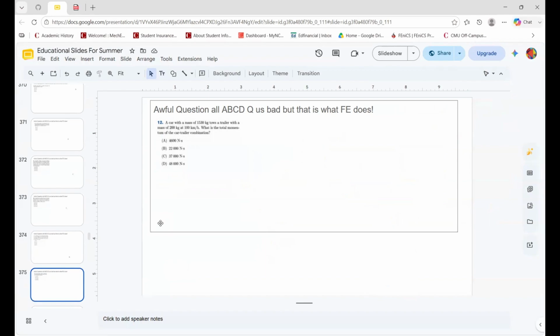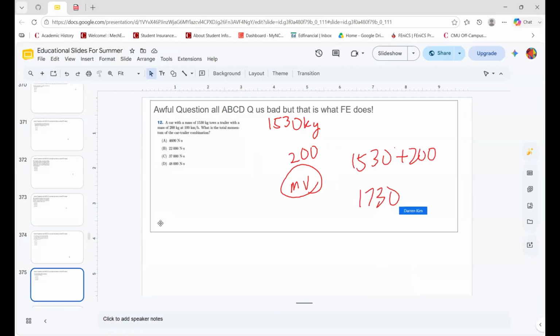A car with a mass of 1530 kilograms tows a trailer with a mass of 200. What's the total momentum of the car and trailer combined? Wait, isn't that just MV? I don't see any reason not to just do MV here. So 1530 plus 200 is 1730, and 100 kilometers per hour is just times by 1000 divided by 3600.